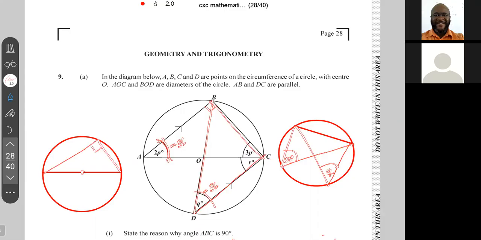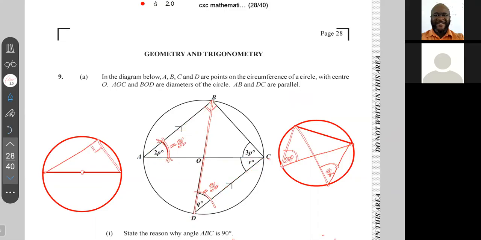Or you know, I didn't even have to do it that way. So let me not do it that way. I have an easier, quicker way. Look here. These two lines are parallel. So look carefully. Tell me if you see it. These are alternate angles. 2P and R are alternate angles.